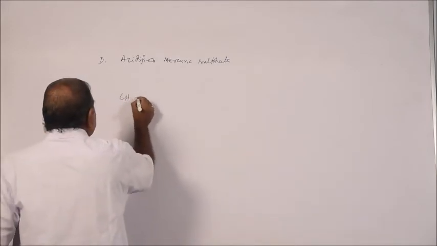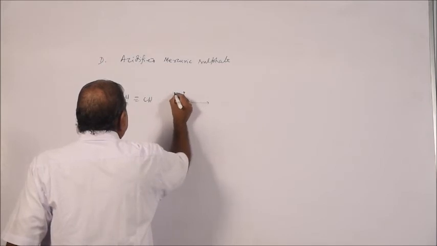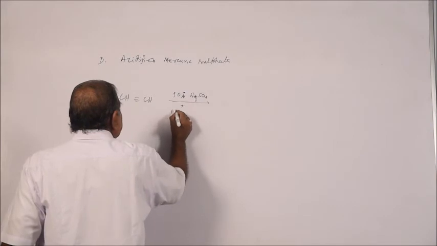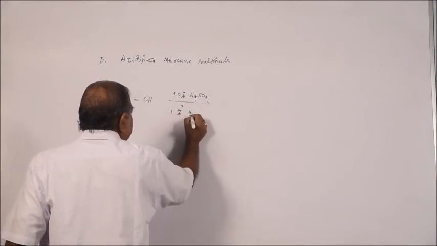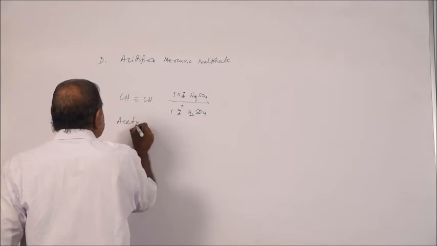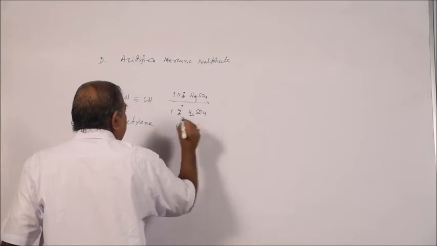Now, acidified mercuric sulfate here is 10% mercuric sulfate mixed with 1% sulfuric acid. This is your acetylene.